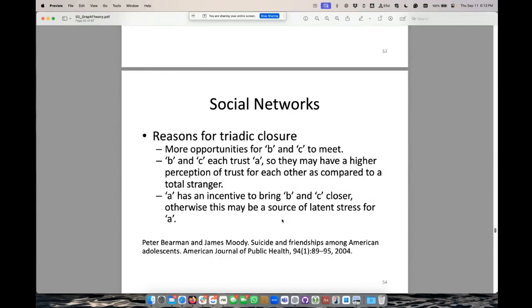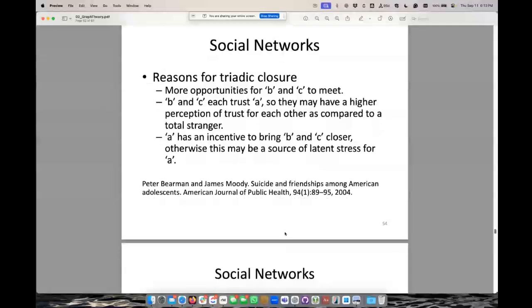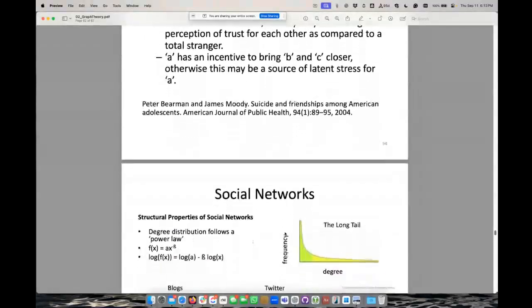So a higher correlation was found between people who have open triads, meaning their friends are not connected to each other, and their suicide ideation probabilities, right? And this study was conducted among adolescents, so people who tend to be a little more on social media platforms and such.